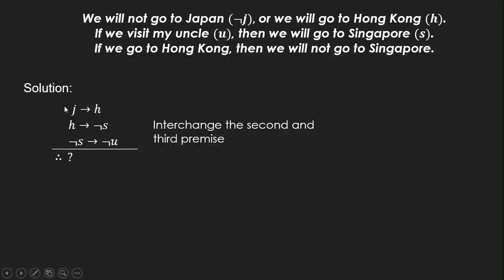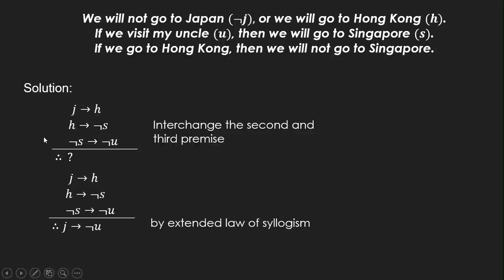Now, here we can apply the law of syllogism or the extended law of syllogism. And hence, our valid conclusion will have to be J implies not U. Hence, this is just the symbolic form of our conclusion.